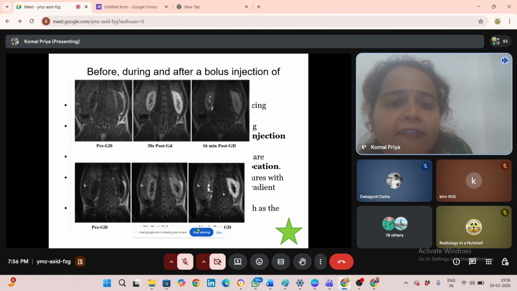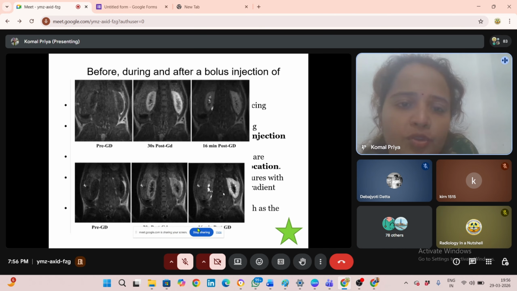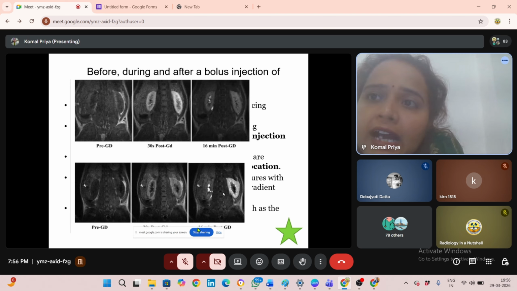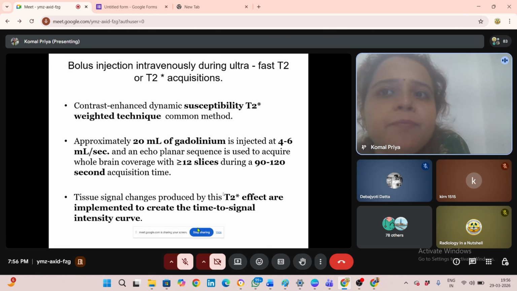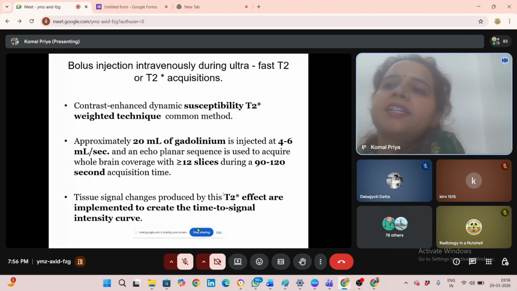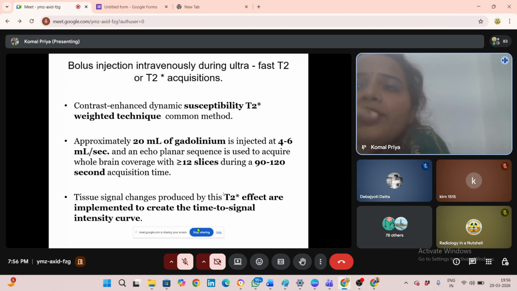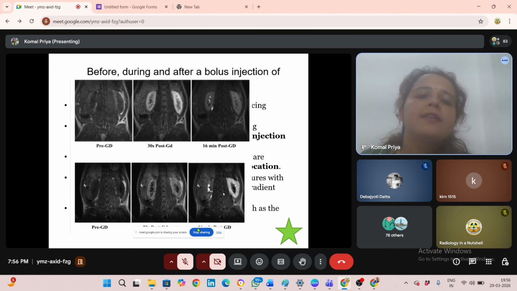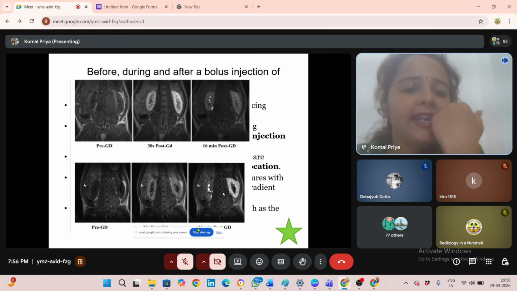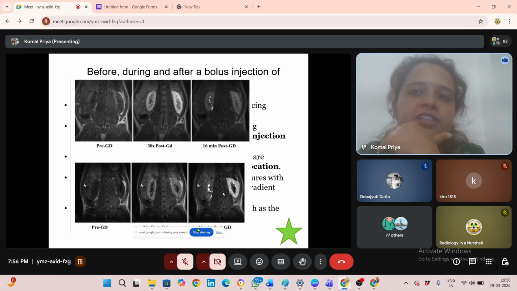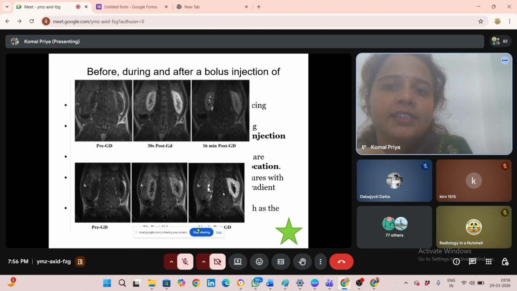So what happens after this data acquisition? Okay, after we acquire this data, a signal decay curve will be generated. So this curve will be known as your time intensity curve. This time intensity curve, like as I have shown you, pre, post, and later after injecting the contrast media, this will generate at what time, what intensity was acquired.